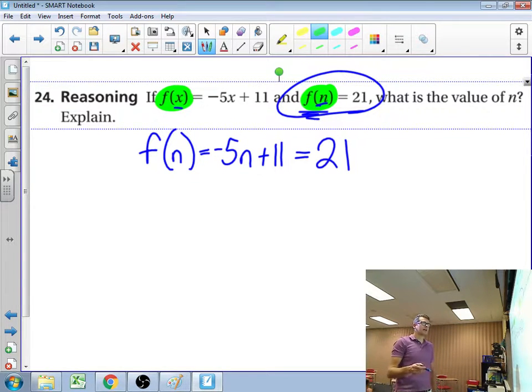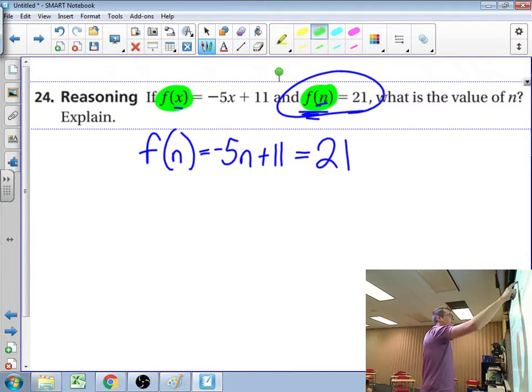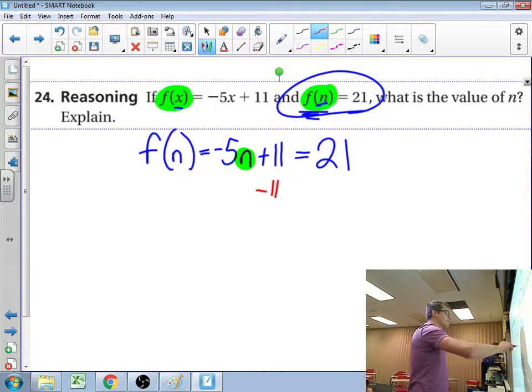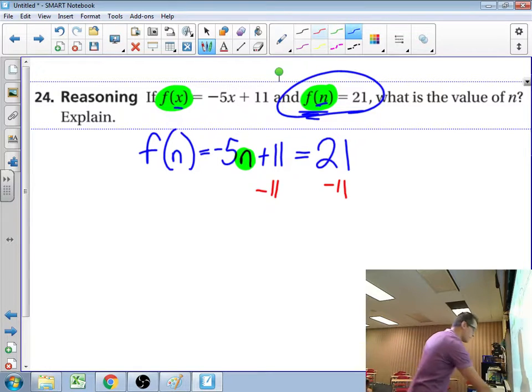So I now need to figure out what's the value of n. This is just a function that needs the n isolated. So to get this n by itself, I got to get rid of everything else. Whenever we start the solution process, we always start by getting rid of any constant values first. So I get rid of this constant value 11, and I take it away from both sides.